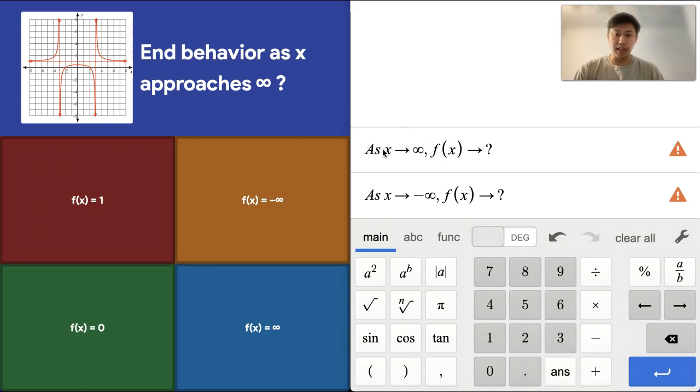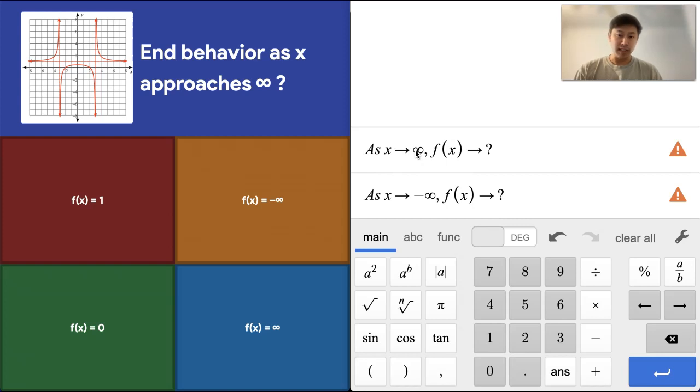So first of all, this is kind of the language of end behavior. Hopefully this looks familiar. You're thinking, what is your y value doing when your x value approaches the end of your graph, right? So if you're thinking of the ends of your graph in terms of the x values, you're looking at positive infinity and negative infinity, right?